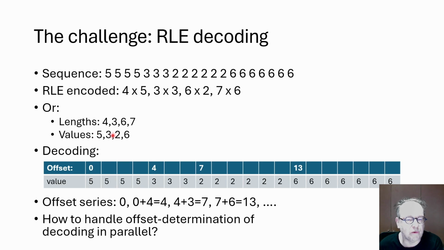The problem is, of course, where does the thread need to place all these values? That's after the space taken up by the lower threads. So if you want to place the 6s here, you have to know that you need to start at offset number 13, which is the length of this, and the length of this, and the length of this together.